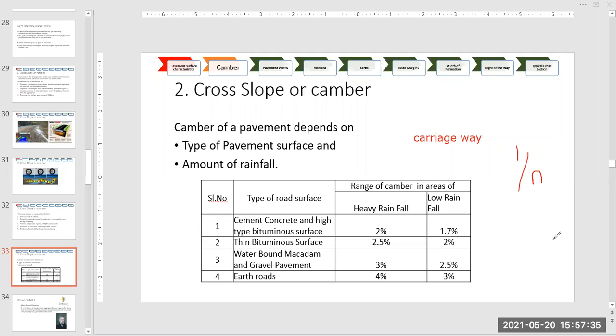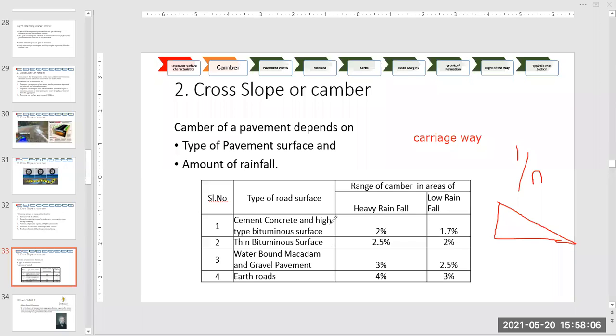When we are talking about a slope, what is a slope of 1 in N, or 1 is to N, called? No one. Okay, no issues. Tomorrow we shall solve the problems based on this. This is 2% to 1.7%.